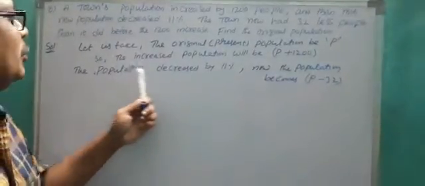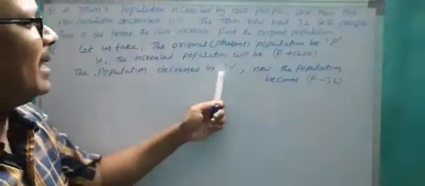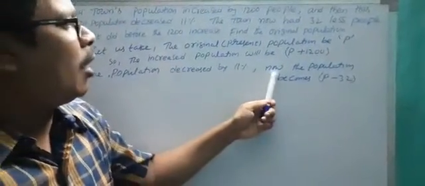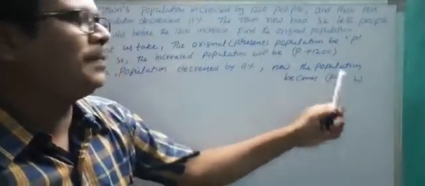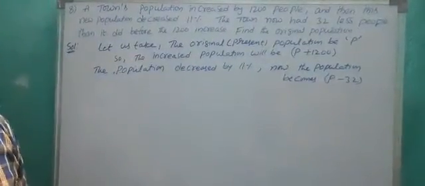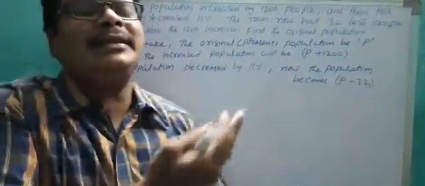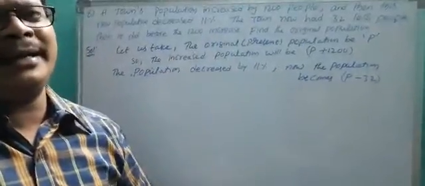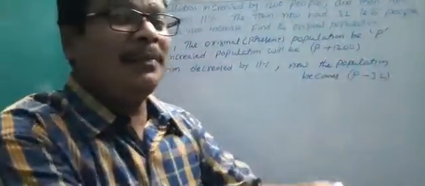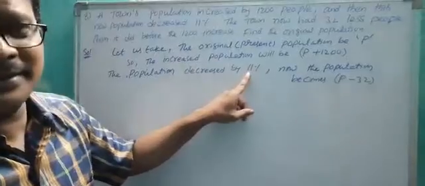So now the population becomes P minus 32. That means after increasing to P plus 1200, you decrease 11 percent of P plus 1200.